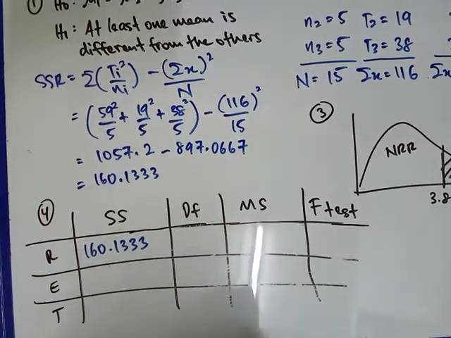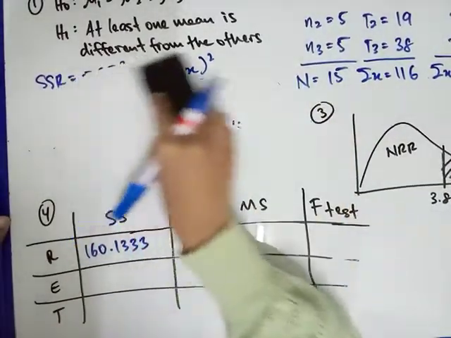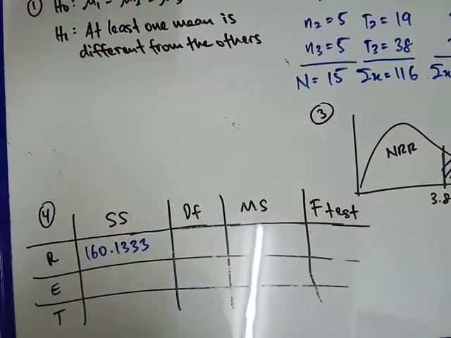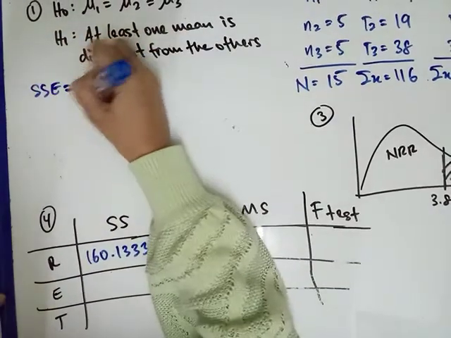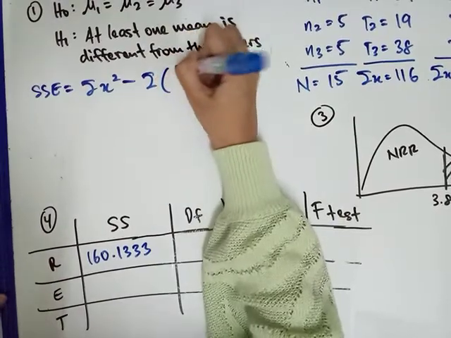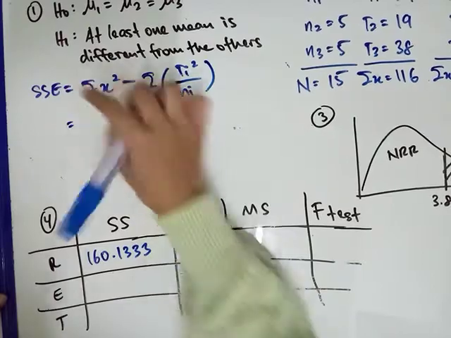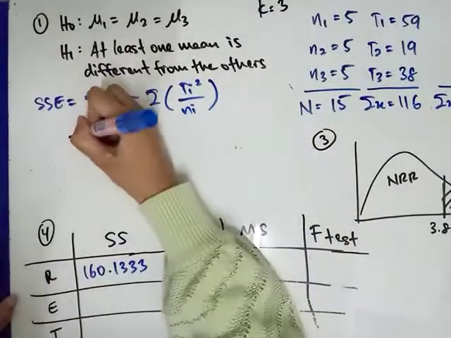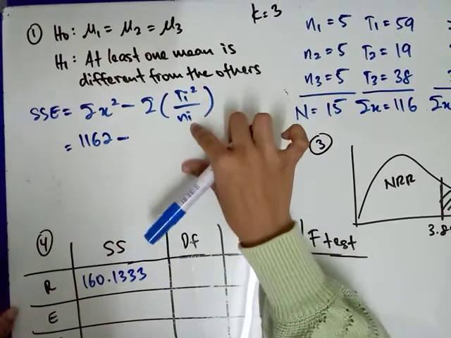Okay, and then next SSE, sum of square for error. The formula is total X square minus total T square over N. So, total X square, we know that it is 1162, minus this one, T square divide N tadi.